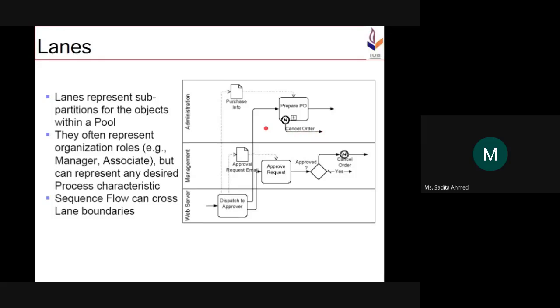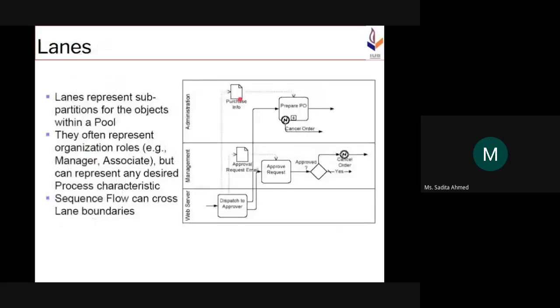Suppose an error occurs at some point in the prepare PO sub-process. If that error happens, it will trigger this interrupt, which is going to stop the prepare PO sub-process. All right, get rid of it and then follow this alternate sequence flow, and whatever comes after that, it will proceed along this sequence flow, okay? That's what is represented by this interrupt.